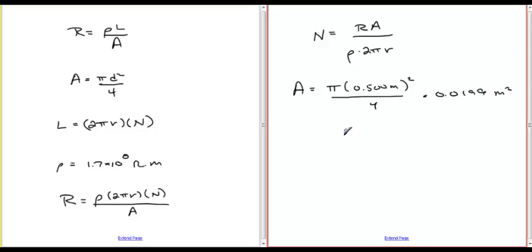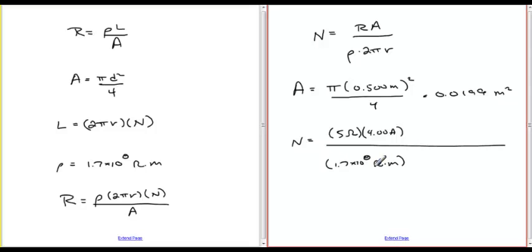So I get an area of 0.0199 meters squared. Now the number of turns is the resistance, which is 5 ohms, times the 4.0 amps, divided by rho, which is 1.7 times 10 to the minus 8 ohm meters, and then you multiply by 2 pi times the radius of the solenoid, which is 1 centimeter, so 0.01 meters.